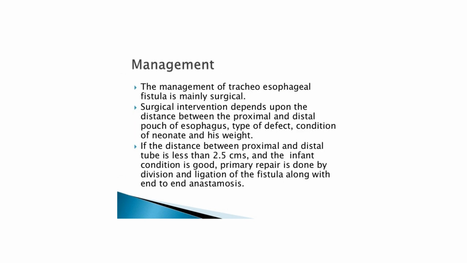Next is management. Tracheoesophageal fistula can be corrected by surgery, and in this surgery the surgeon will either connect both blind pouches of the esophagus, or remove the fistula from the esophagus, or close the fistula, depending upon the severity of the disease condition.